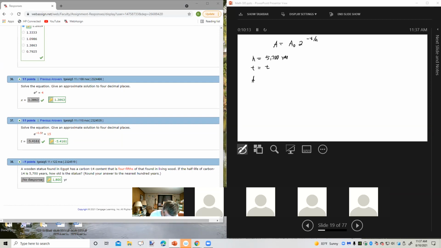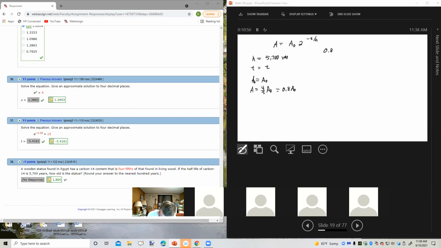They don't give us the starting or the ending amount, but they do say a wooden statue found in Egypt has 4/5 of that found in living material. So the final amount is 4/5 of the starting amount, okay? 4/5 would be 80%, so you could also write that as 0.8 times A sub 0, either 4/5 or 0.8. All right, so I'll go with 0.8.